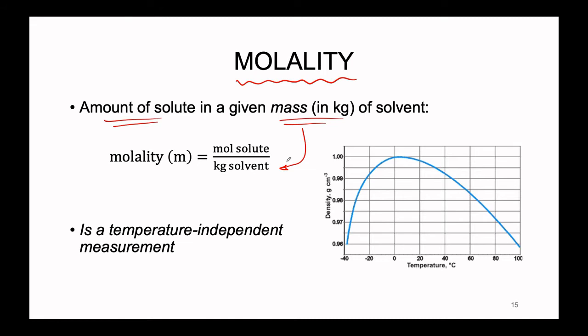Now this change is again because the volume of our solution changes as a function of density. However, as we increase our temperature from 0 to 100 degrees Celsius, even though our density is changing, again, the mass is constant. So it doesn't matter what temperature we're at, the density is not going to have an effect on the molality.